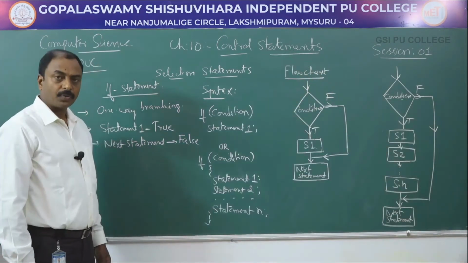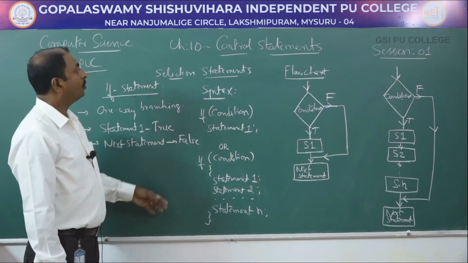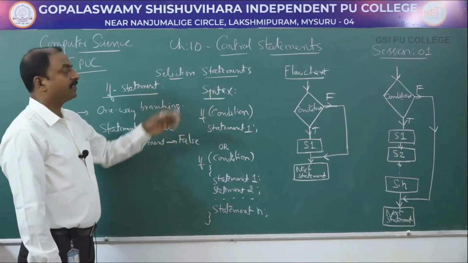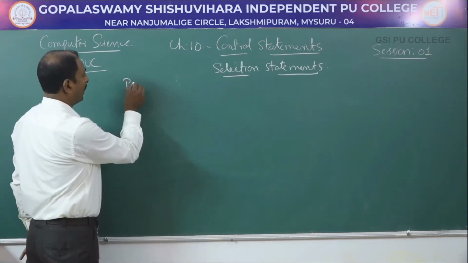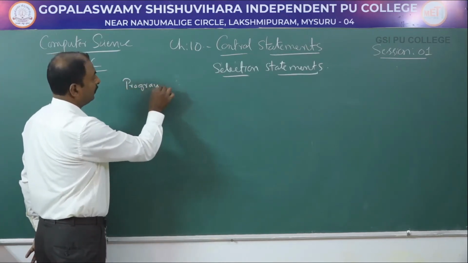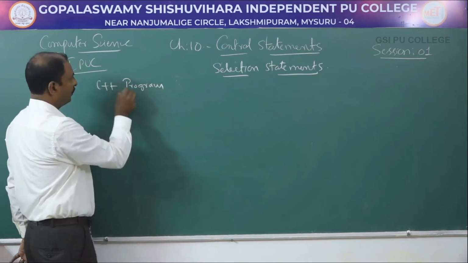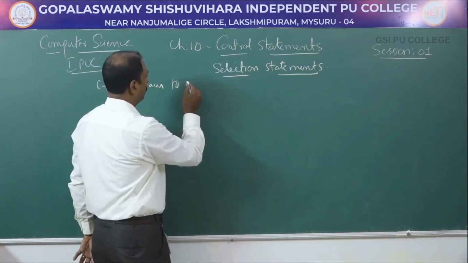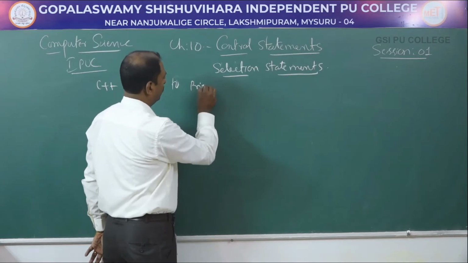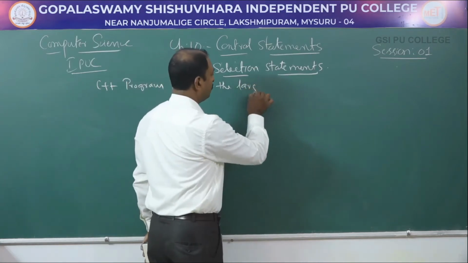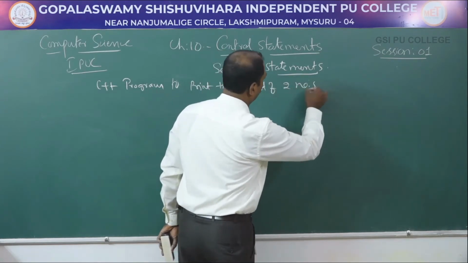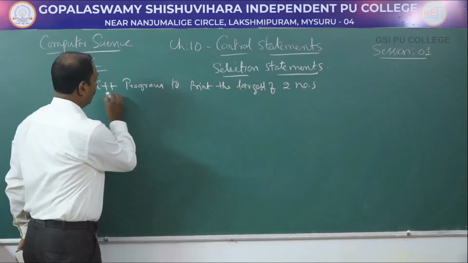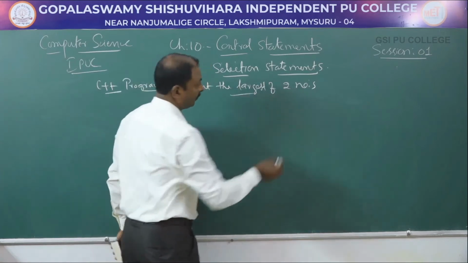Now let us write a program to show the execution of selection statement or if statement. This is a C++ program to print the largest of two numbers.